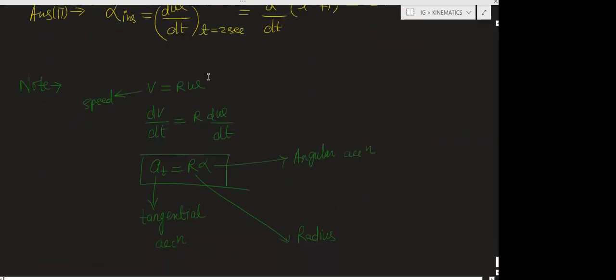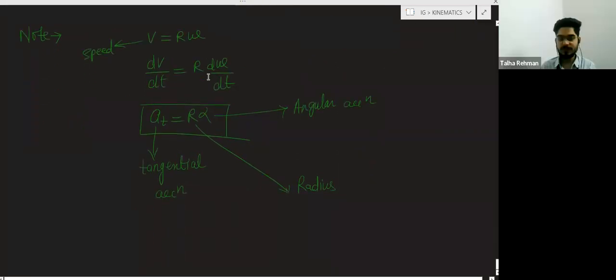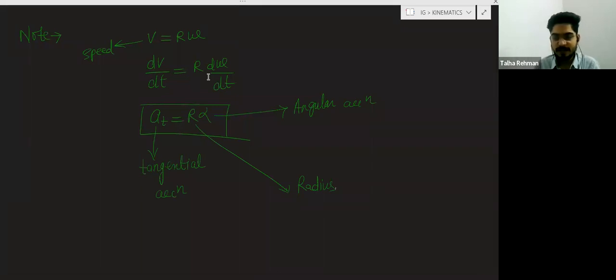Okay. So basically, today we have discussed what are the types of acceleration in circular motion. We have studied 4 types of acceleration. Number 1 is the centripetal acceleration.